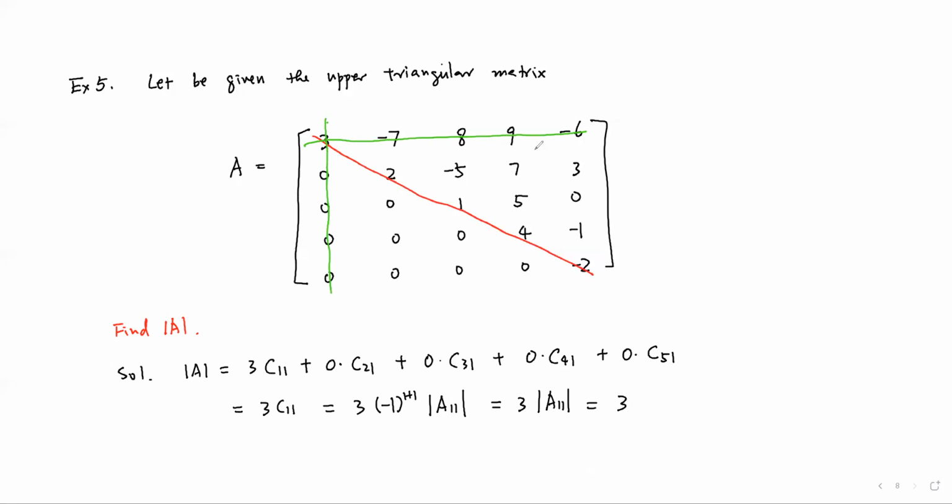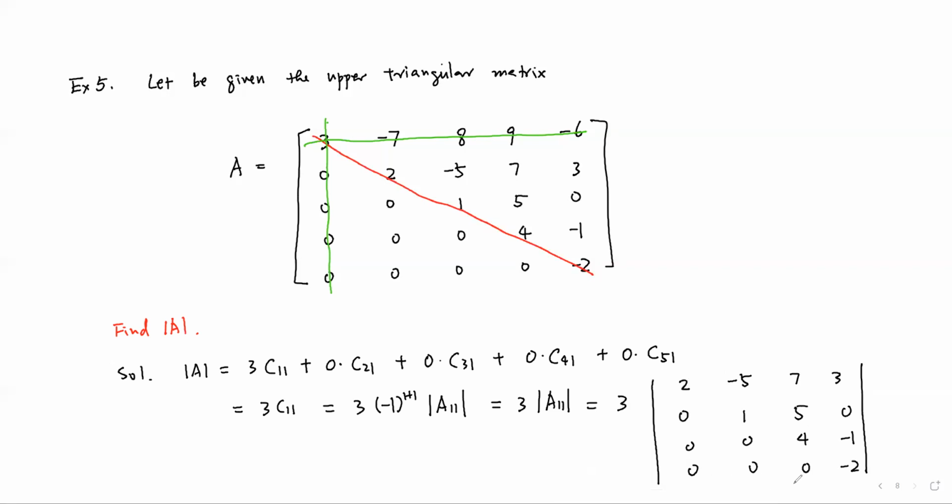The part that remains is capital A11. So the determinant: 2, 7, 5, 3, 0, 1, 5, 0, 0, 0, 4, negative 1, 0, 0, 0, negative 2.